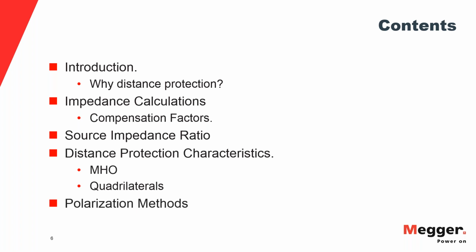Then we will talk a little bit about polarization methods used for the supervision and the calculation of the characteristics of the distance protection. And then we will introduce protection schemes used with distance protection systems.